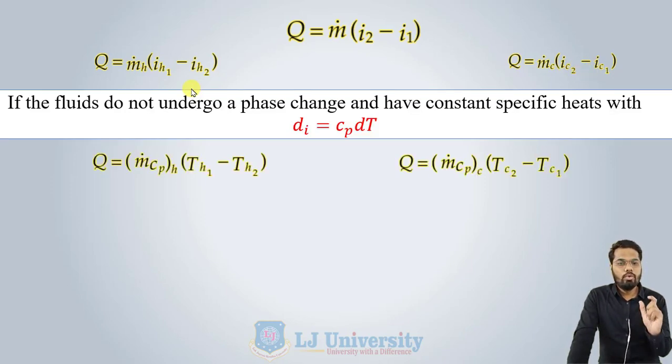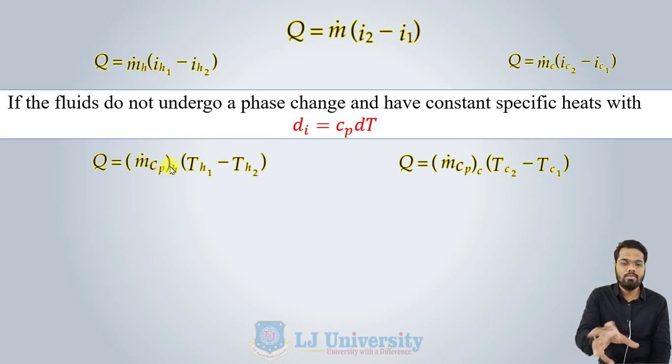Now if the fluid does not undergo phase change, we can write dI is equal to Cp dT, where Cp is the specific heat and dT is the temperature difference. So instead of enthalpy, we can replace this by Cp dT. Instead of IH1 minus IH2, we can write Cp dT. Here m dot stays as it is, with Cp the specific heat for the hot fluid.